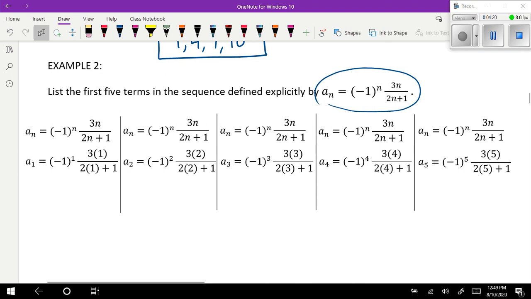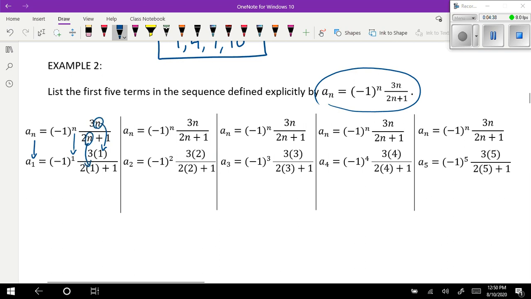So I want a sub 1, which means I'm going to put a 1 in everywhere I see n. So this n becomes a 1, this n becomes a 1, and this n becomes a 1. You simply substitute n equals 1 into the formula and evaluate the formula.